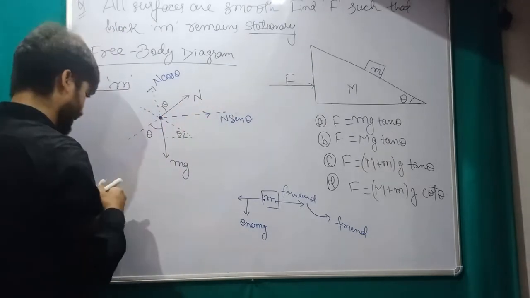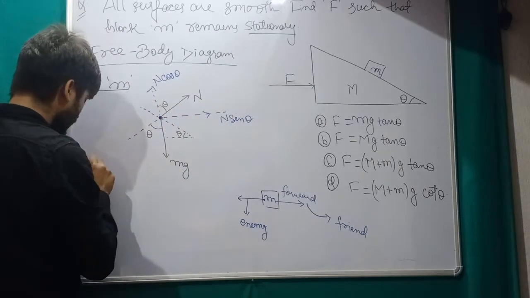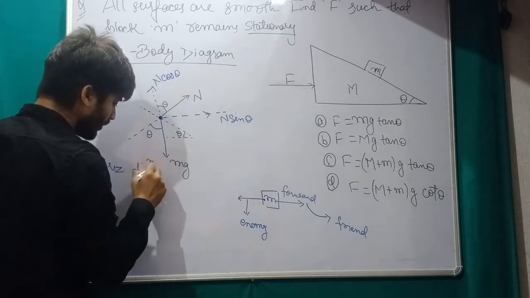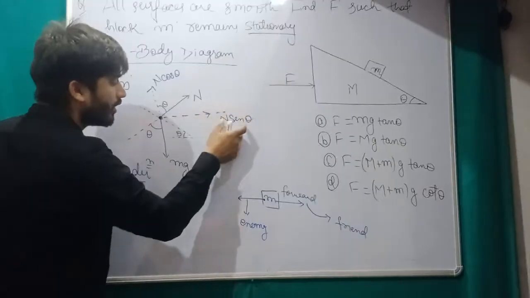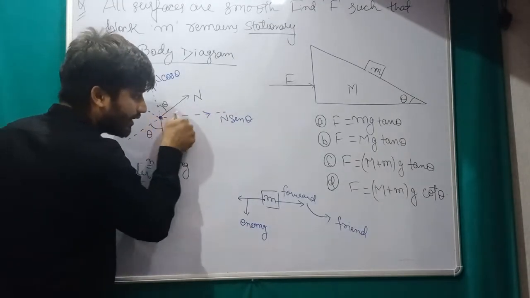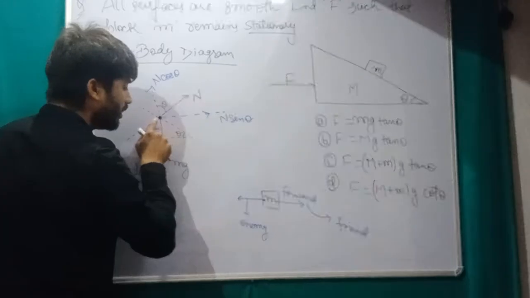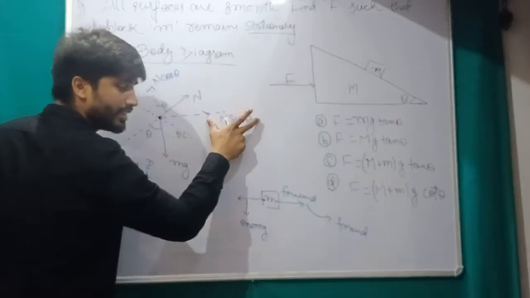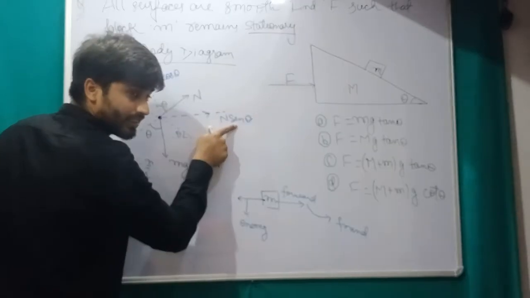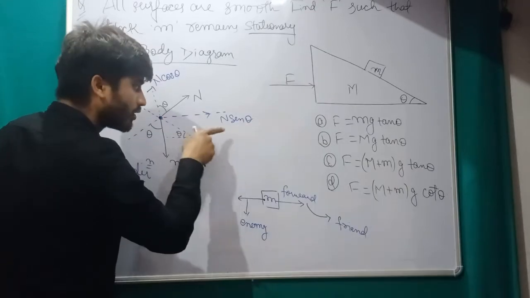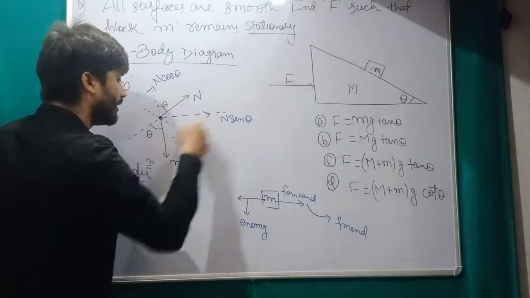For the horizontal direction, what is there in the horizontal direction? N sin theta. This is a force pushing forward. This mass small m will go in the forward direction by this N sin theta, so N sin theta is your friend.